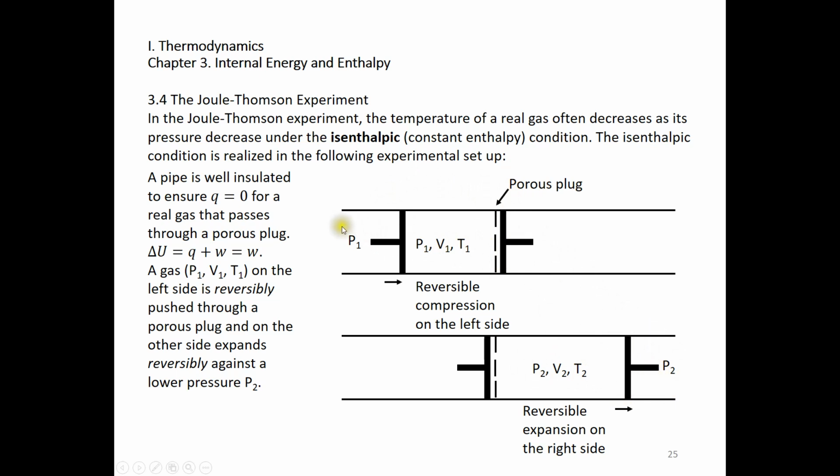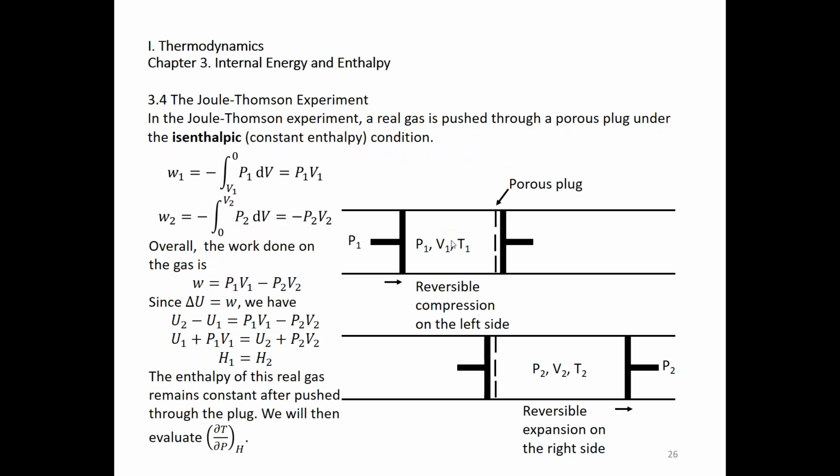We make sure on the left the external pressure is P1. On the right hand side the external pressure is P2. And in this experimental setup we will prove that the enthalpy of the real gas remains constant. So first, let's look at the work done to the system.